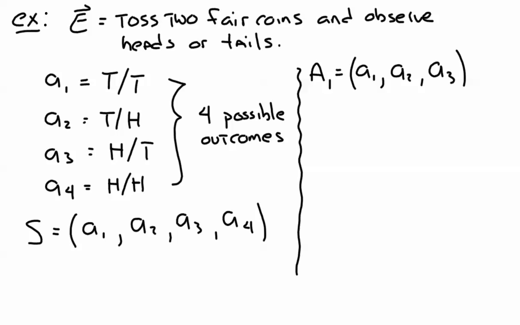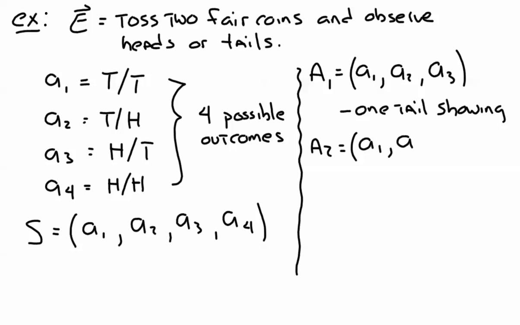This is the event that there is at least one tail up, one tail showing. We might have another event, A2, which might include outcomes A1 and A4. This is the event that both coins show the same side.